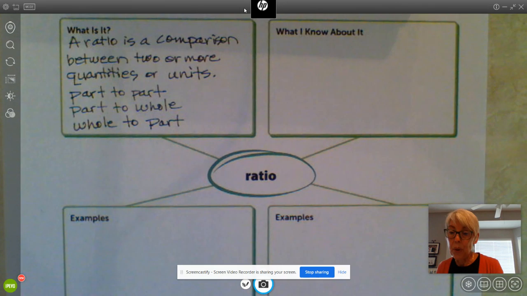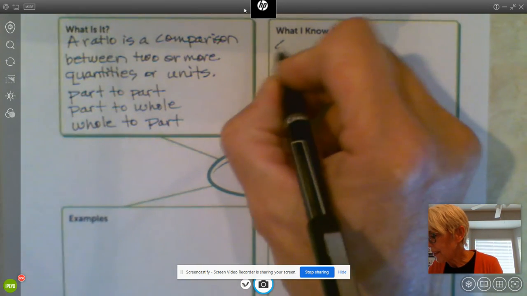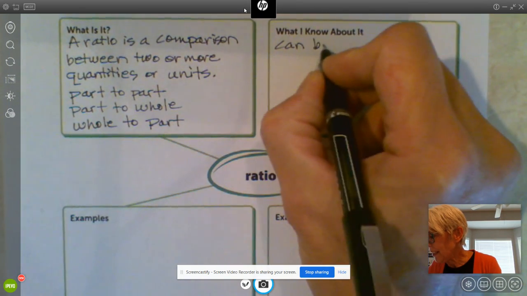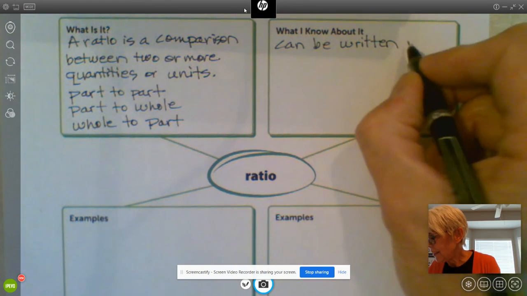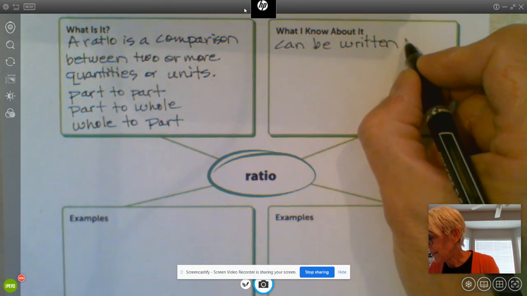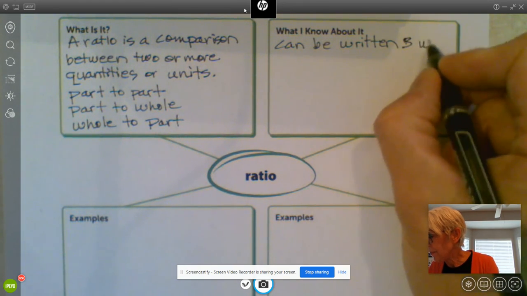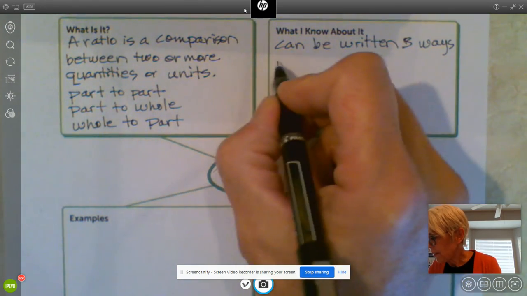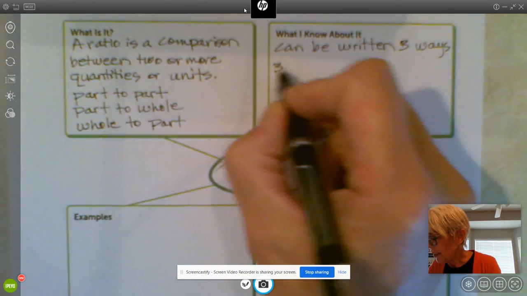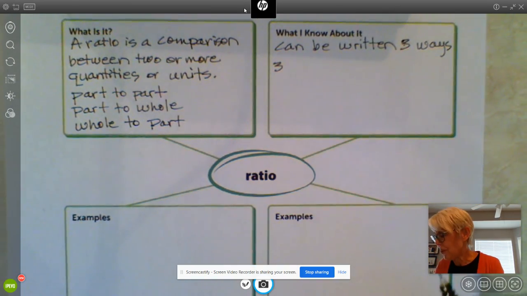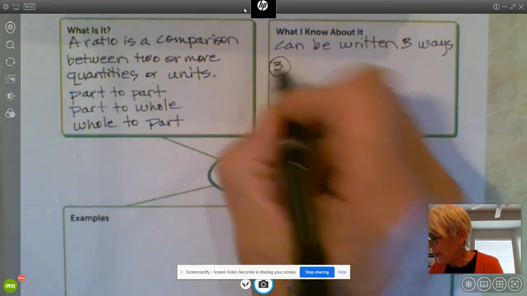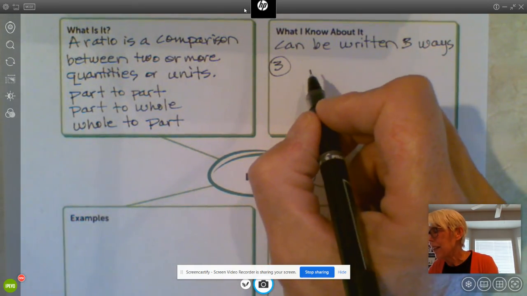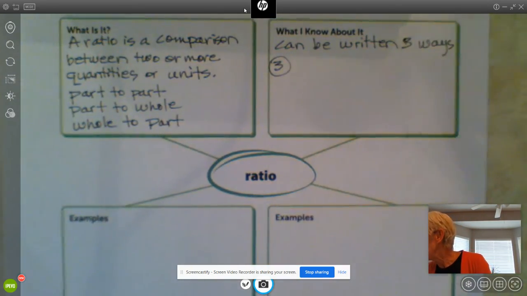Well, I know that I can write it three different ways. And I wrote a 3 first, so I'm going to go backwards. I'm going to count down 3, 2, 1. So a third way that we can write it is, let's see, what do I want?